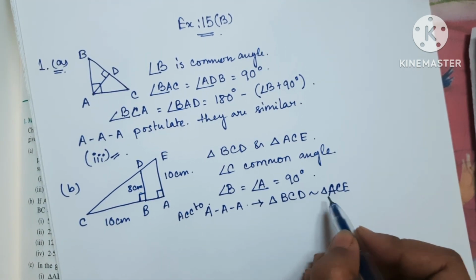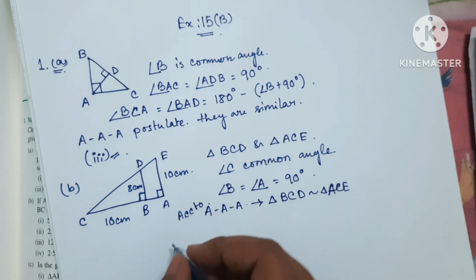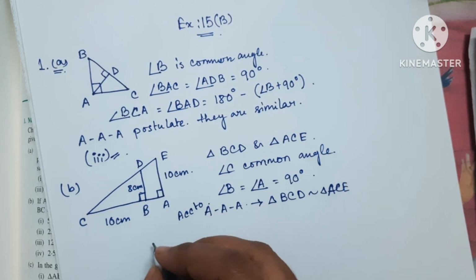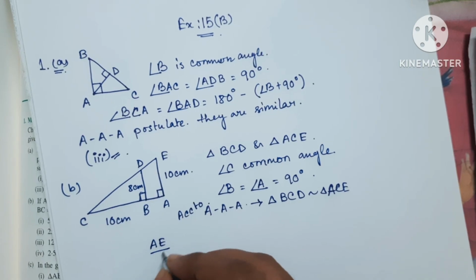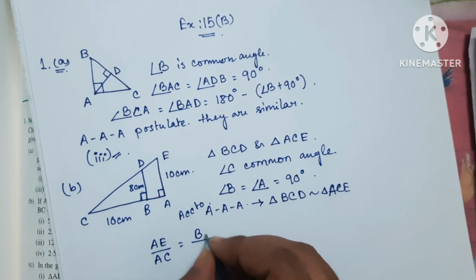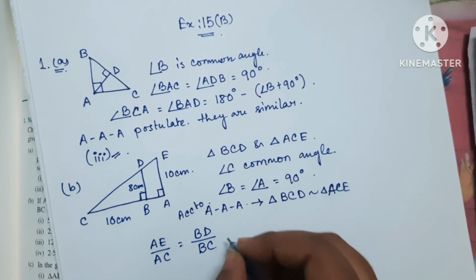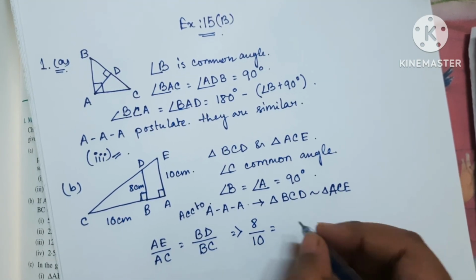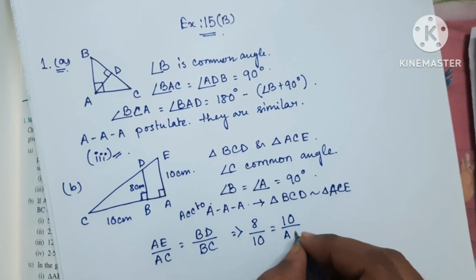Since these 2 are similar, that means their corresponding sides are proportional. So you can write AE by AC is equal to BD by BC, right? Now BD is 8, so 8 by 10 is equal to 10 by AC, right?